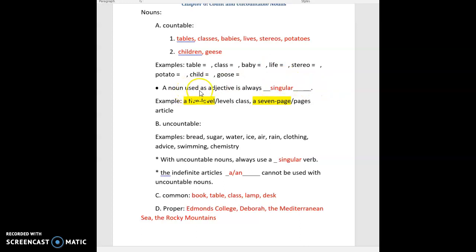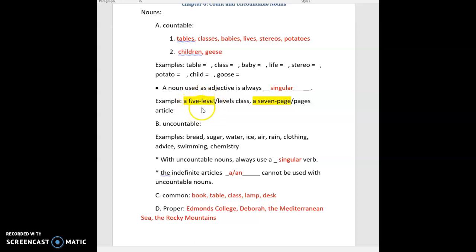A noun, sometimes this is an area that gives students trouble because you've studied so many years that when you say a word like five, the noun has to agree. But here, notice when you see the hyphenation, this is actually not a noun.